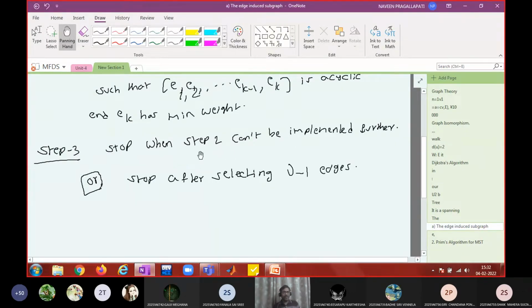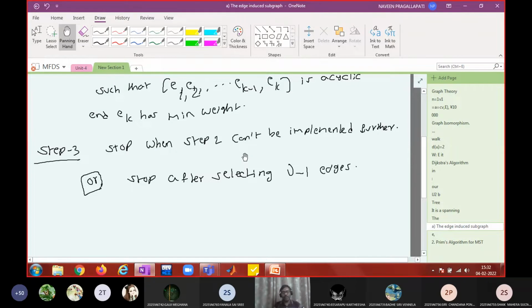Your program is terminated by satisfying one of these two conditions, and after termination you count the number of edges in the so far constructed graph. If that is equal to n minus 1, definitely you are successful in getting a spanning tree. If that is less than n minus 1, MST does not exist.